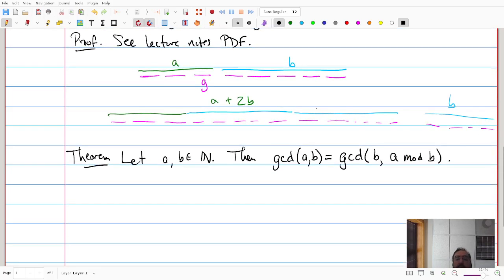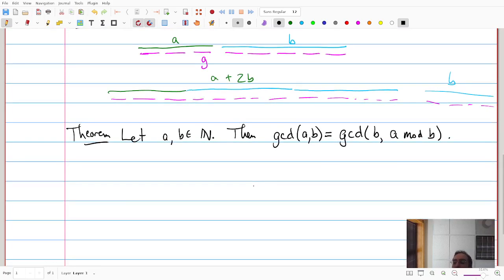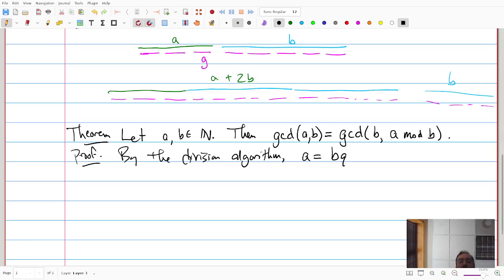Right, so formally I could say, proof: by the division algorithm we could say that A equals BQ plus R. Right, the division algorithm says you can always say that A equals some number of copies of B plus a remainder.